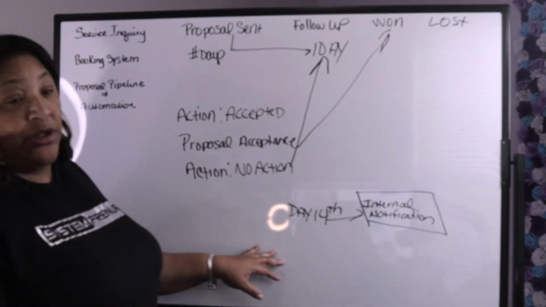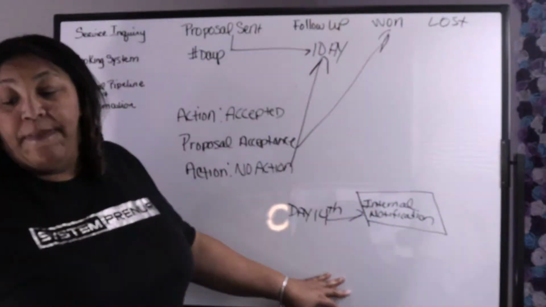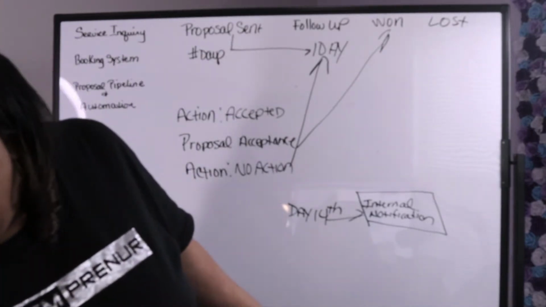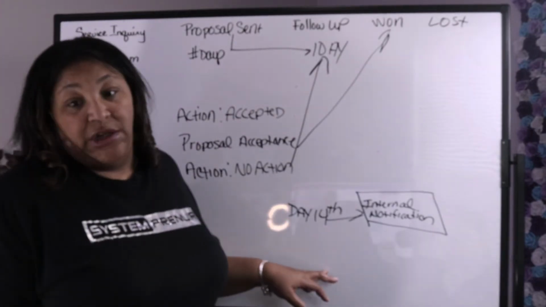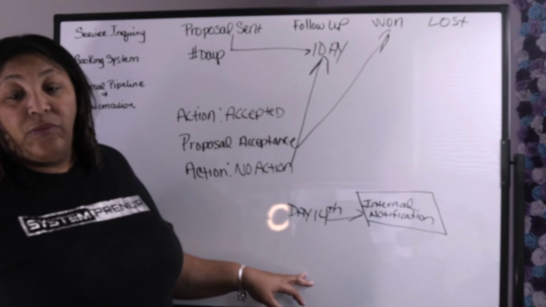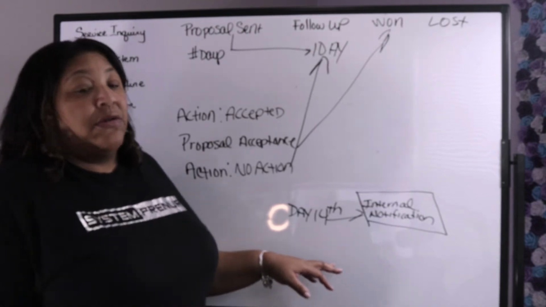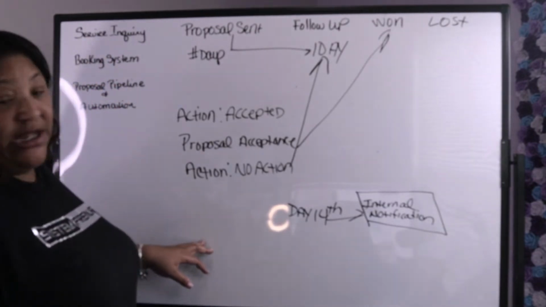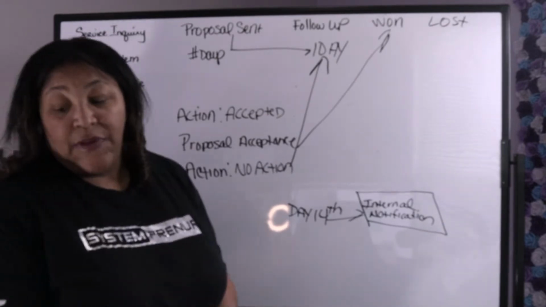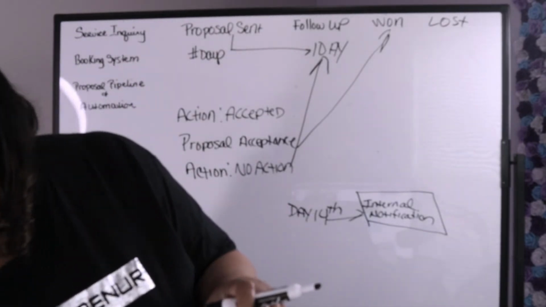Or you have this on a spreadsheet and you're trying to remember what to follow up with from the spreadsheet. Hopefully, this makes sense. Let me check if I have any questions.